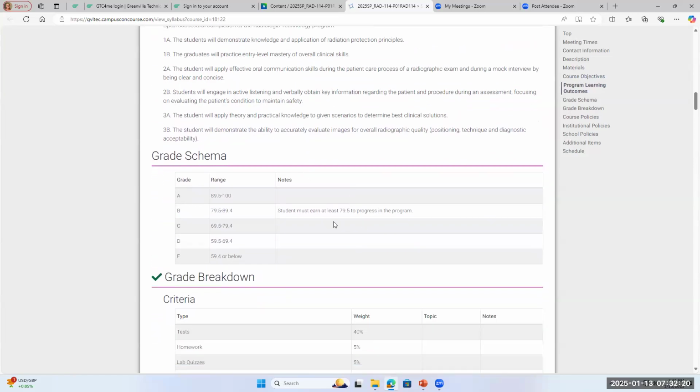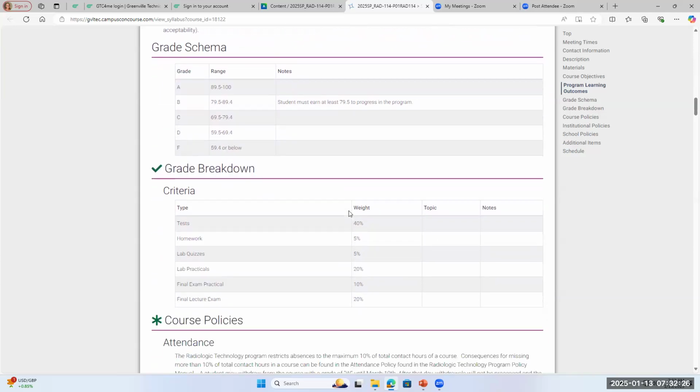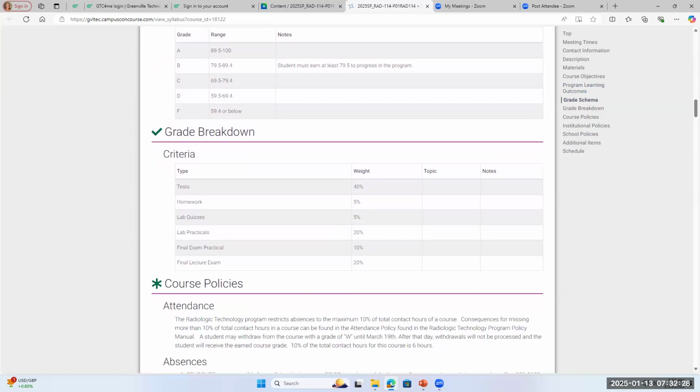Grade schema has not changed. You still have to have a 79.5 to progress in the program. What has changed for this semester, just a little bit, is your tests are weighted heavier. Instead of 30%, I think it was last semester, they're now 40.